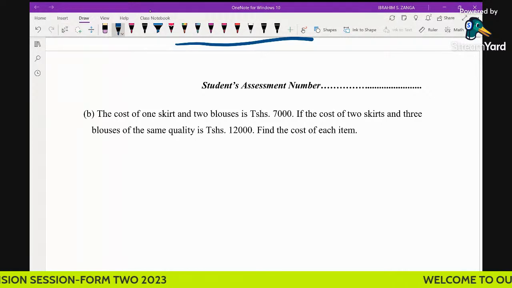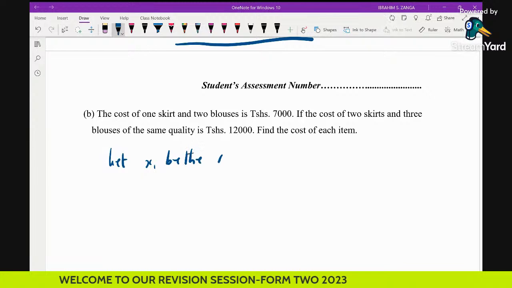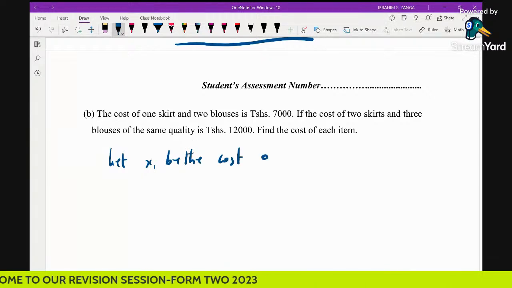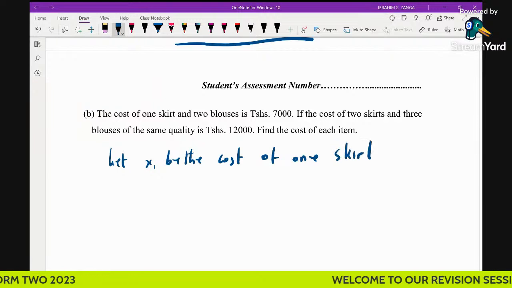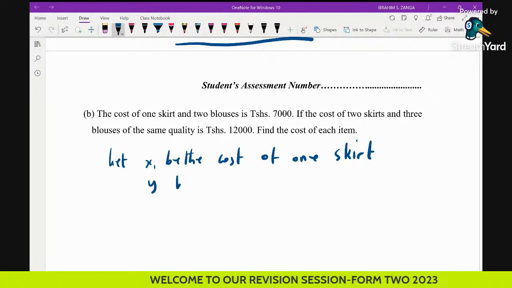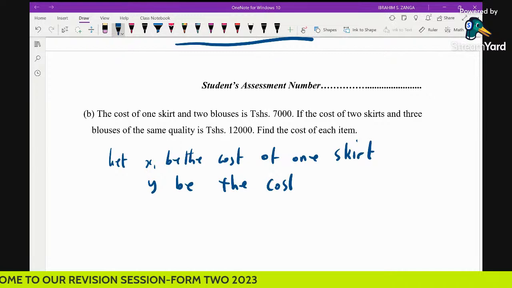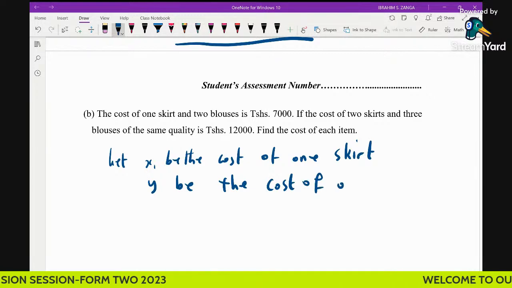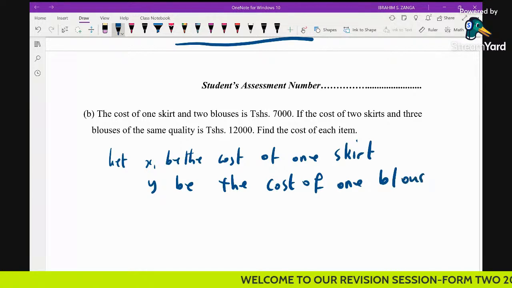So we let x be the cost of one skirt, and y be the cost of one blouse.